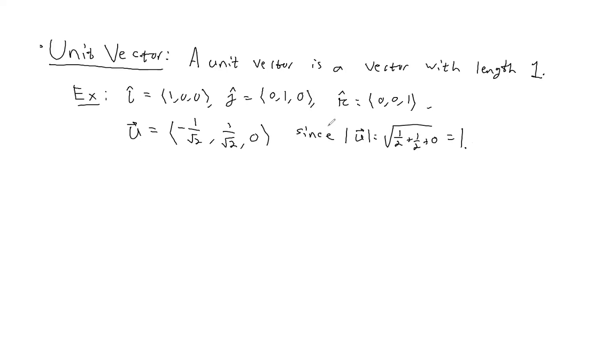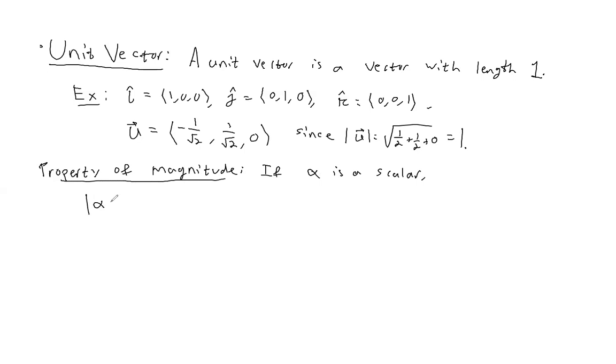Now, an important and useful property of magnitude, by the way: if you take some number alpha, and alpha is a scalar, i.e. a real number, then what do you know about the length of alpha times v?